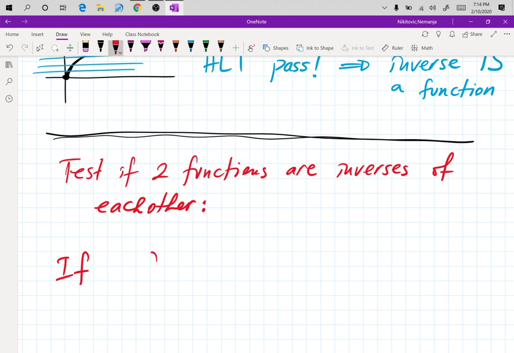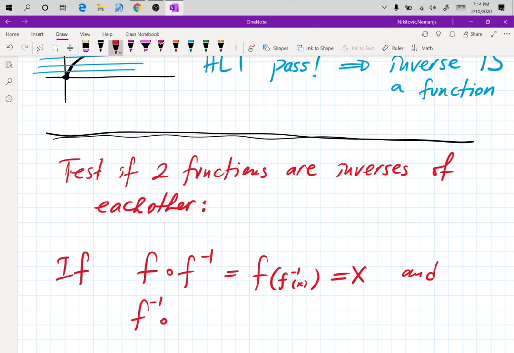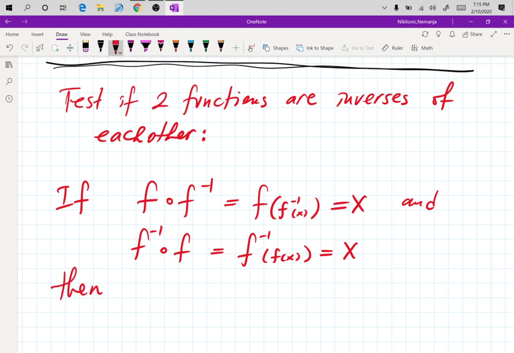If f composed with the inverse, which is f of f inverse, is equal to x, and inverse composed with f is equal to x, then f and f inverse are inverses of each other.